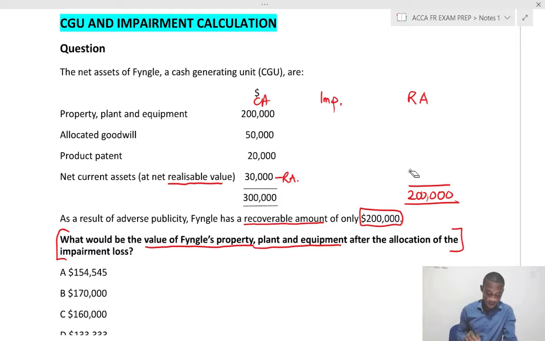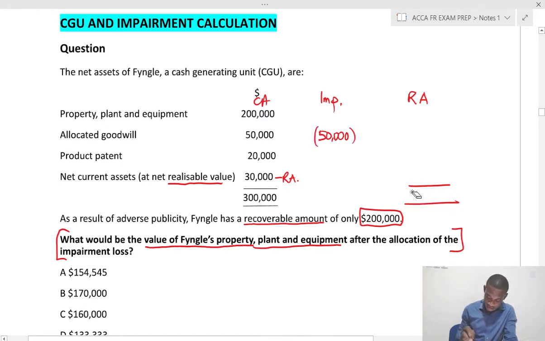So the allocated impairment for goodwill, this goes off. This is the recoverable amount, and the impairment is the difference, and that should be 100,000 here.